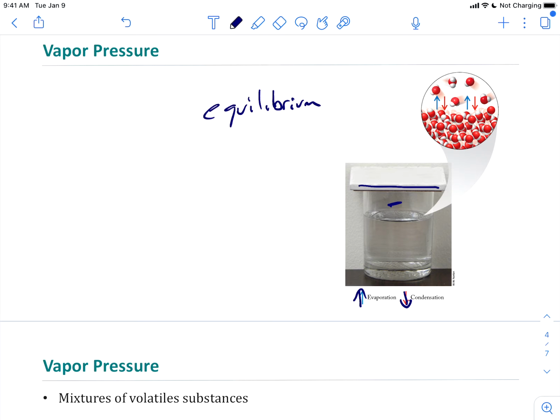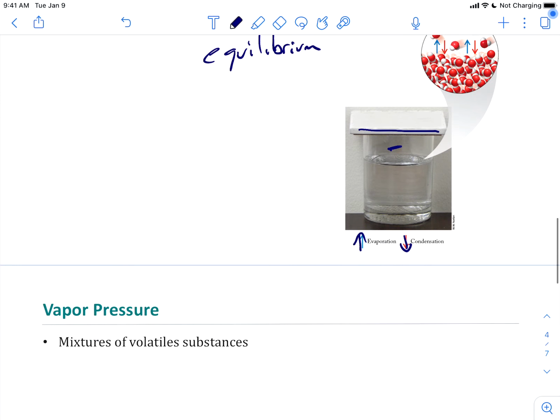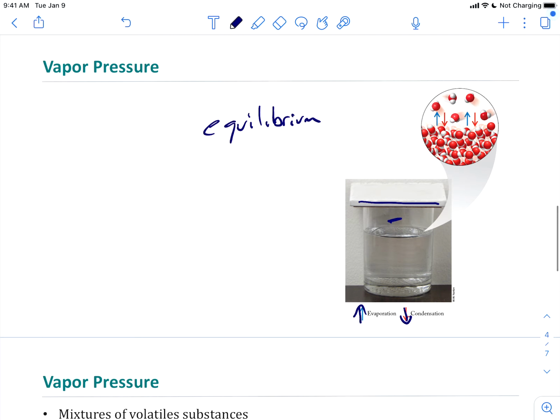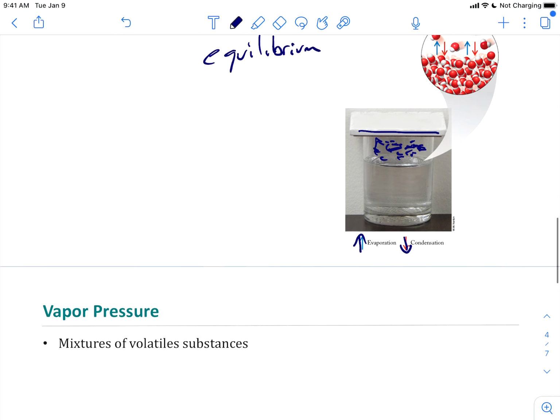Any substance that's considered volatile will have a high equilibrium vapor pressure. There'll be a bunch up here if it's a very volatile substance, something like gasoline. You can smell it, so you know there's a bunch in the air. Other substances you can't smell because they're not very volatile. So the more volatile it is, the greater the equilibrium vapor pressure is going to be.